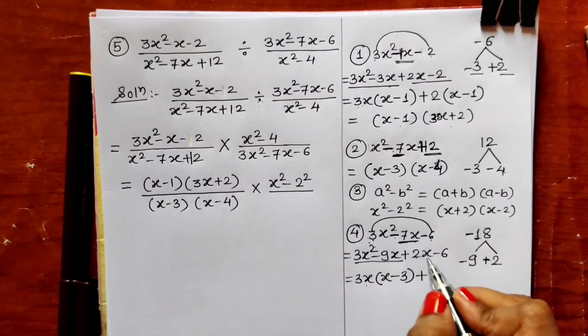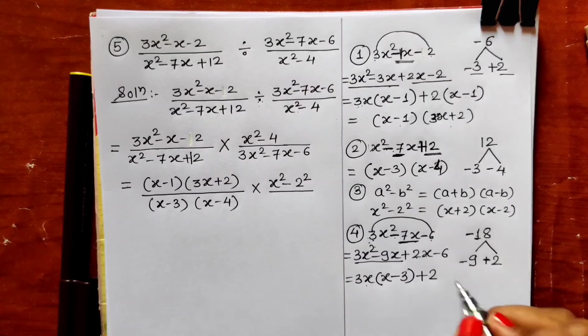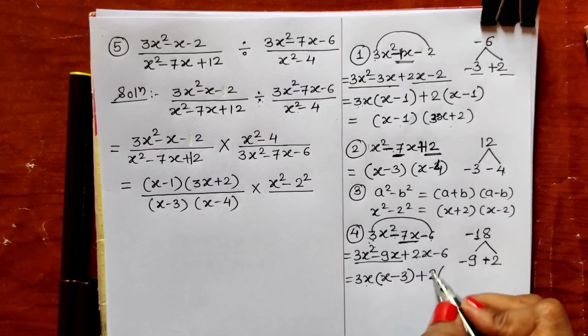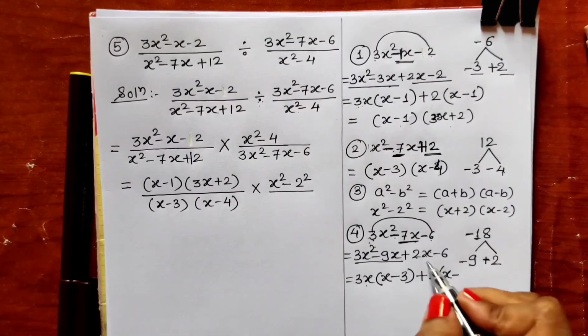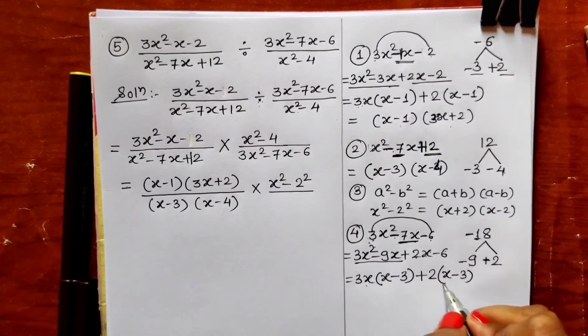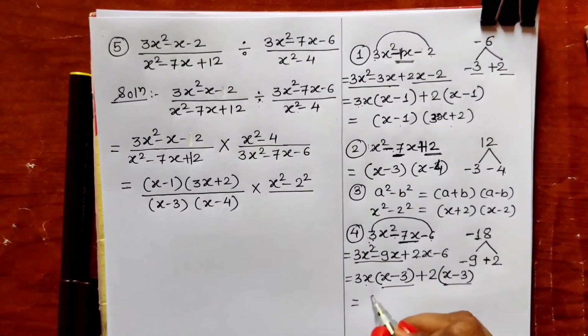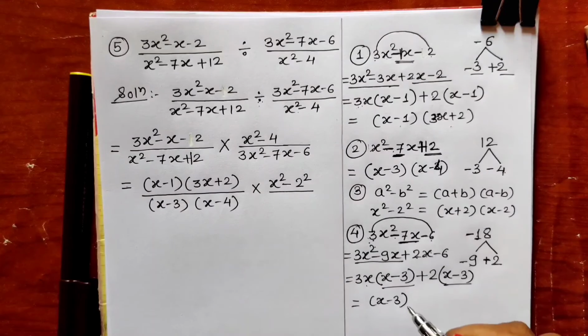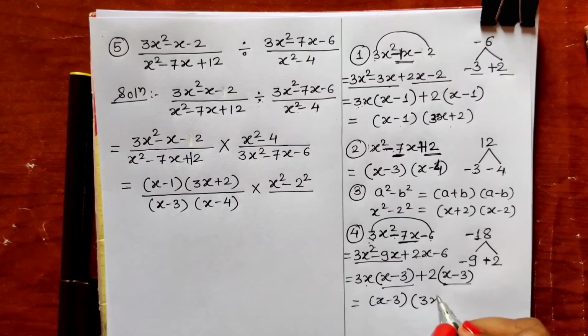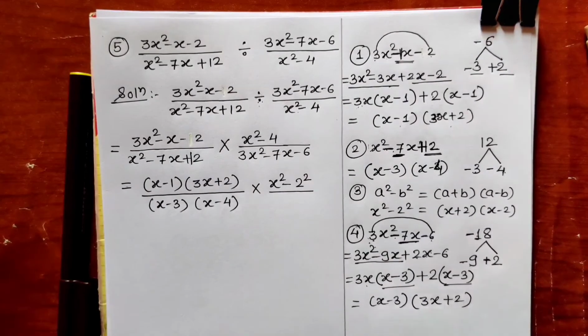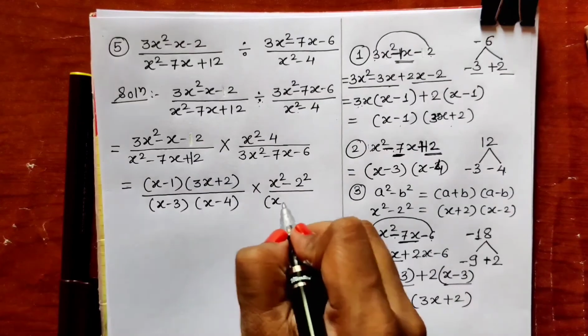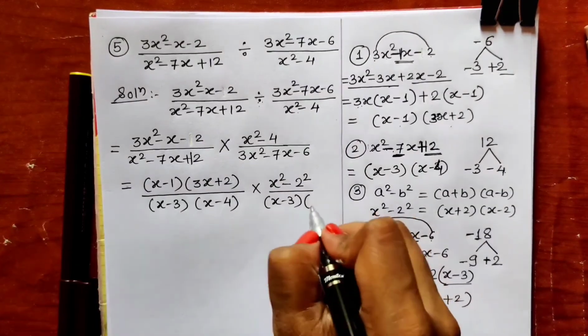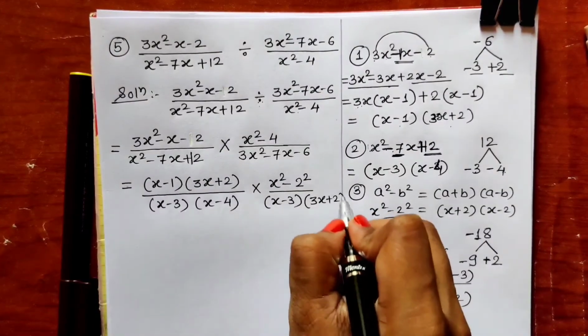Plus 2x and 6. What is common? 2 is common. From 2x, 2 is taken out common, x remaining, minus sign is there, 2 3s are 6. So x minus 3 bracket is common. We write one time this bracket, and in the second bracket we write 3x plus 2. So here we write x minus 3 and 3x plus 2.